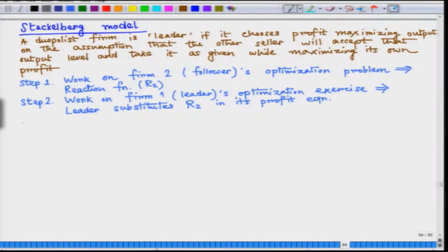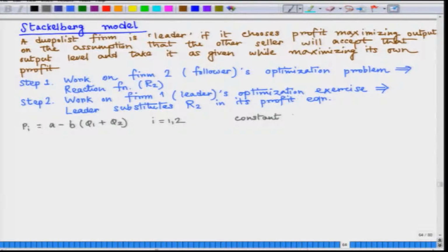So, here I assume the inverse demand function P = A - B(Q1 + Q2), right, and that is for both of these firms. Okay.